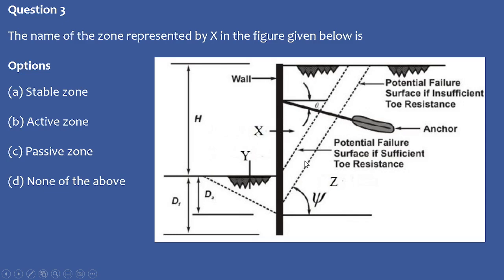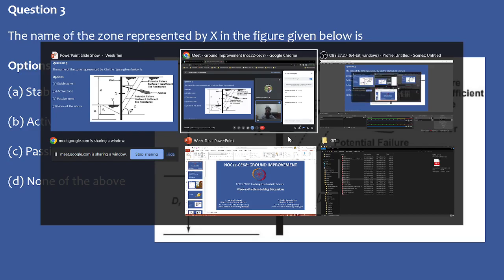There are different zones of the soil which we have divided: X, Y, Z. You need to show what X represents here. What type of zone is it: stable zone, active zone, passive zone, or none of the above? It's similar to the lateral earth pressure problem. So what type of zone is it?